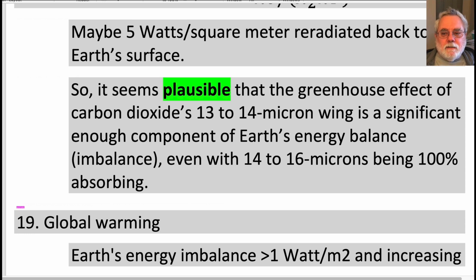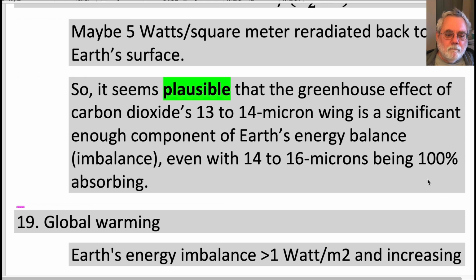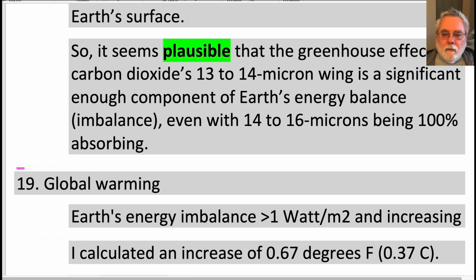Let's crudely estimate that only half that additional radiation will escape to outer space, so let's double the temperature increase. I calculated an increase of 0.67 degrees Fahrenheit, 0.37 Celsius.